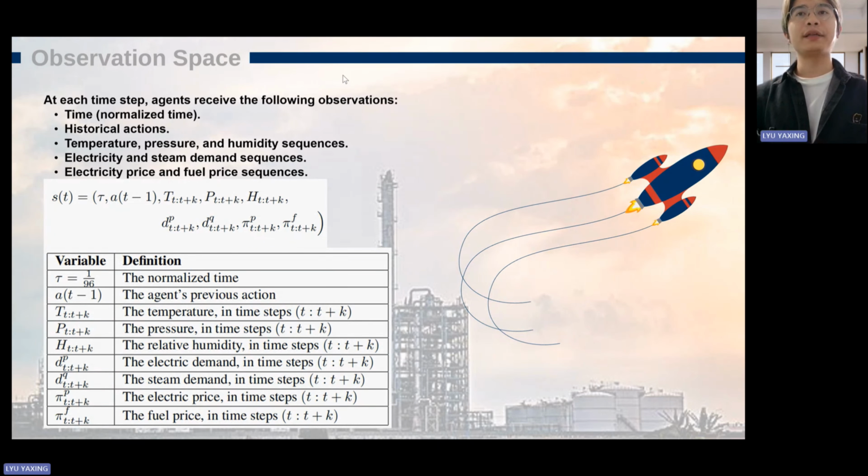Observation space. At each time step, the agent receives observations that include normalized time, historical actions, sequences of temperature, pressure, and humidity, electricity and steam demand sequences, electricity price and fuel price. These inputs help the agent understand both current and predicted conditions.